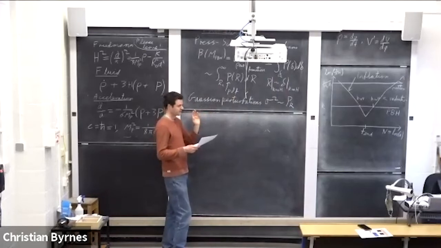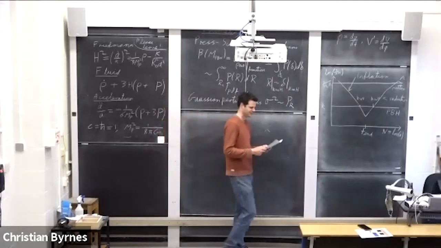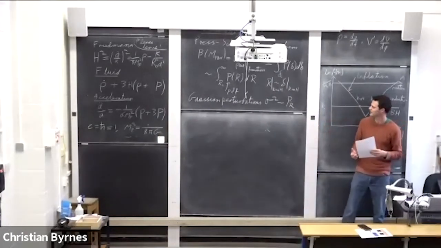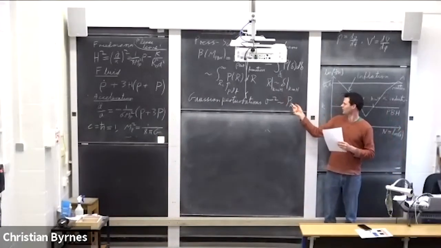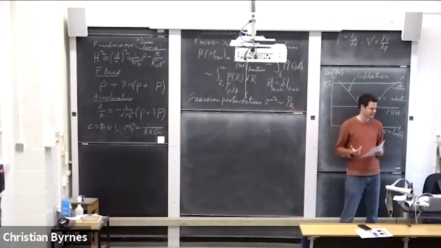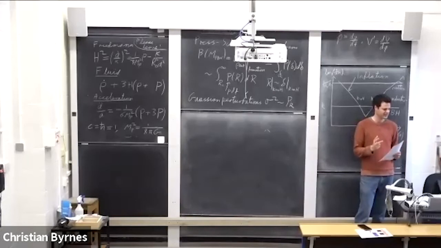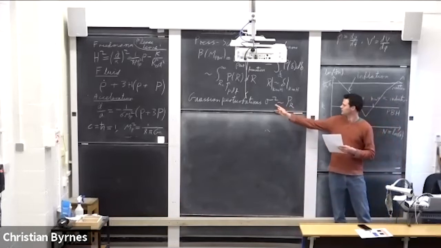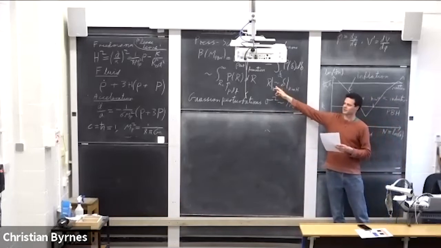Now, technically, this is not absolutely correct. The density contrast is some smoothed function of the curvature perturbation. You should put in some window function. You should have a smoothing scale, which is the scale of primordial black hole formation. The answer is going to depend on which window function you use to smooth the perturbations. And it also depends on the fact that this relation is not quite correct.